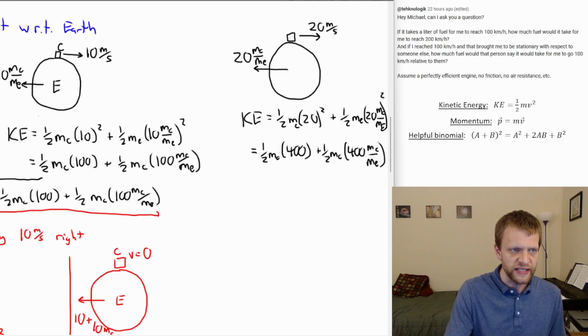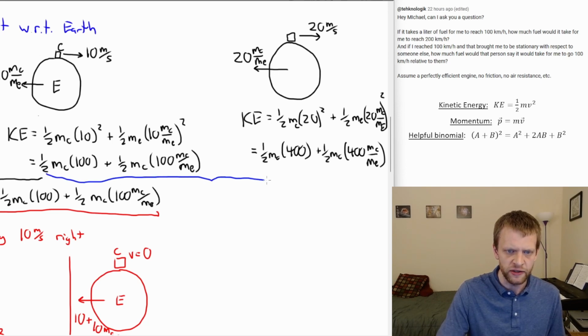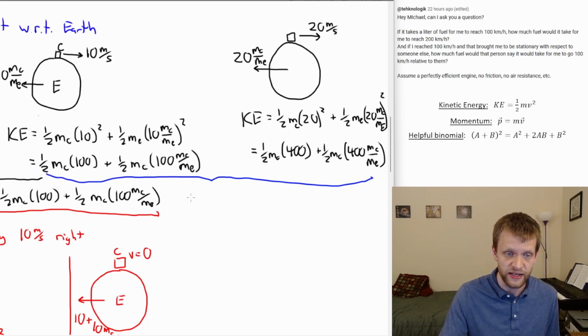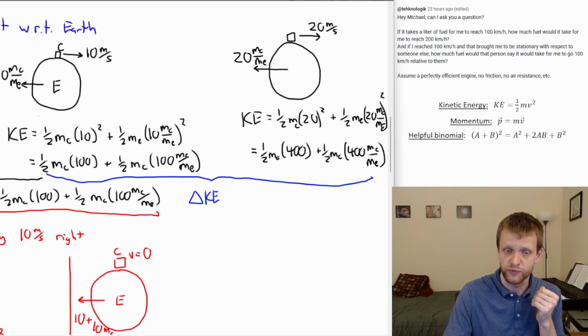So in this case, let's compare the change in kinetic energy from this situation over here to this new situation. How much did our kinetic energy change by in this part? So my change in kinetic energy, notice I've got 1/2 mass of the car times 400 minus 1/2 mass of the car times 100.